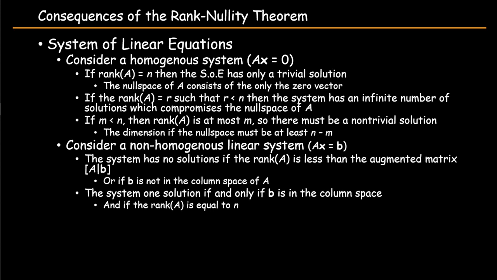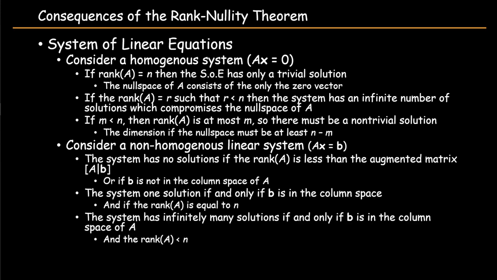That's also making sure that the condition that B is in the column space is already met. And so if B is in the column space of A and the rank of A is equal to n, then the system has one solution.